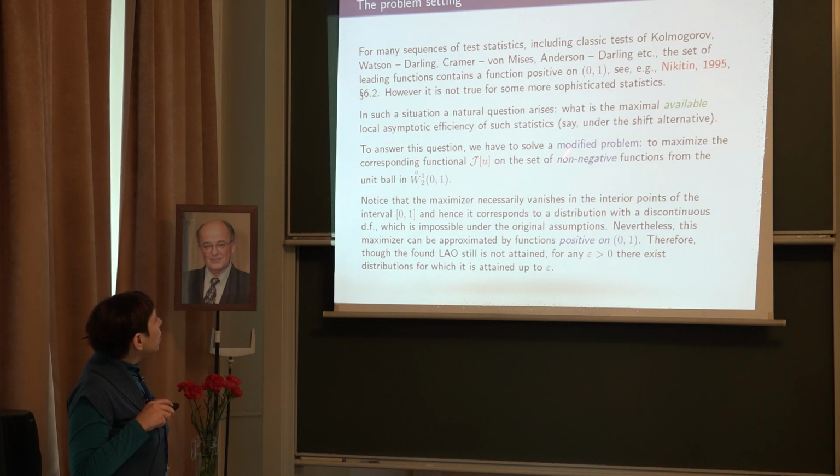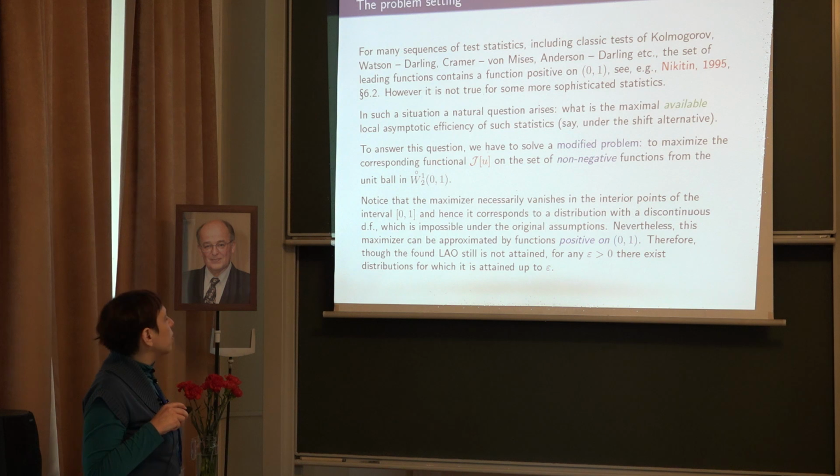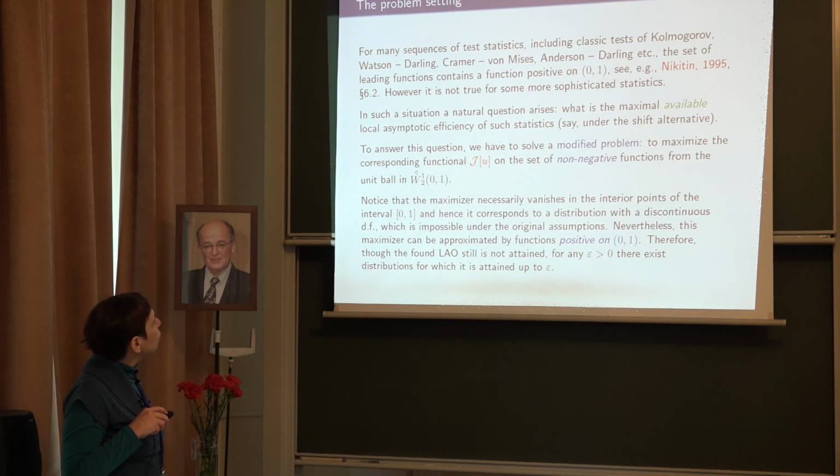So non-negative functions can lead to some probabilistic solutions. And from what was said above, it follows that the corresponding efficiency can be 1. It is necessarily less than 1.